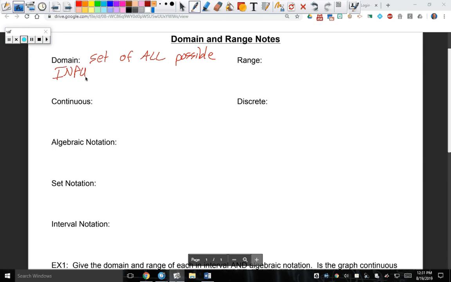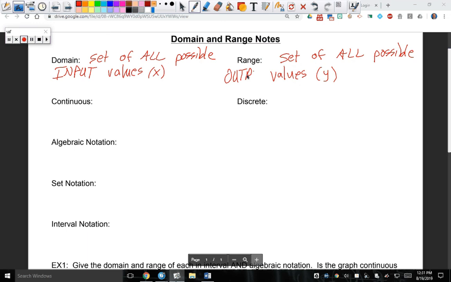Notice what's capitalized, x values, or values of x. Over here, a range is the set of all possible values that are y. And these are output, so put output values.